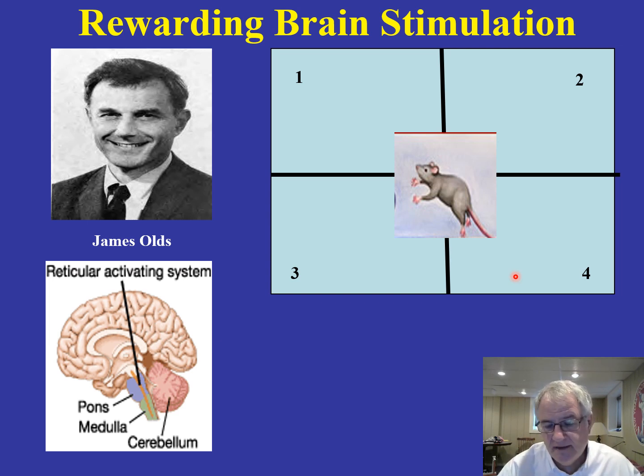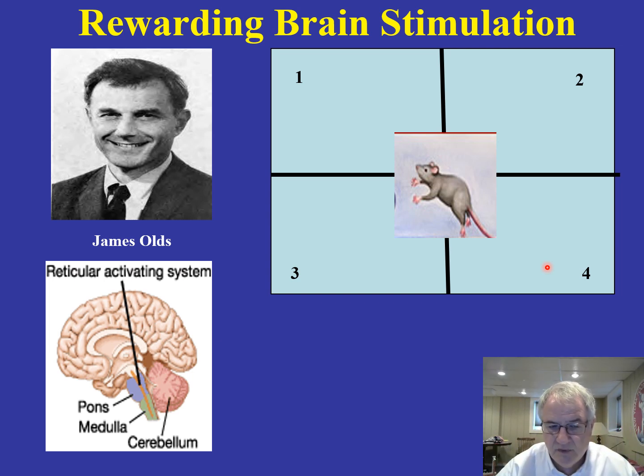There was one animal where the animal was in the fourth quadrant, and that's where it was being stimulated. And when the animal was stimulated, its ears kind of perked up, and the vibrissae, the whiskers, if you will, would start whisking very, very fast.